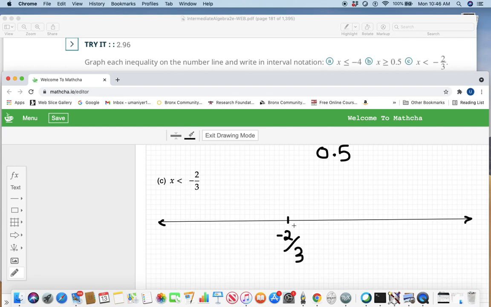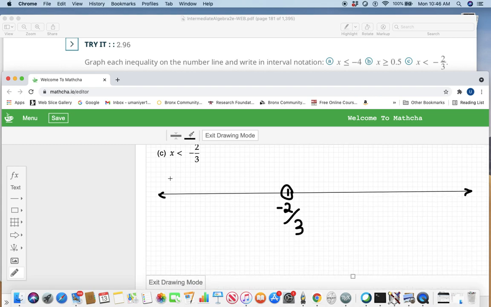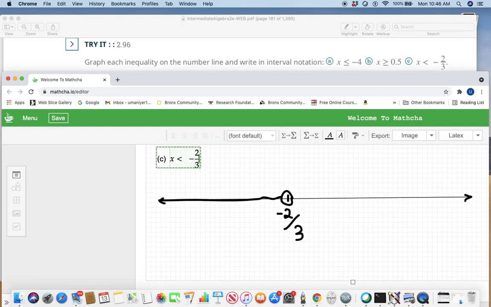This is less than, so it's an open point, and x is to the left all the way to negative infinity, which tells me the leftmost point of my region is negative infinity, which is not a point, so it's always open.